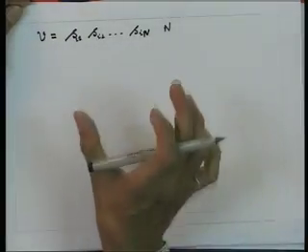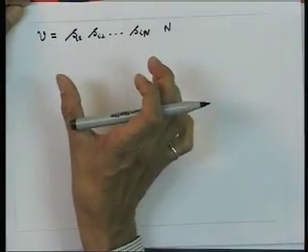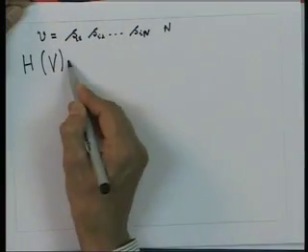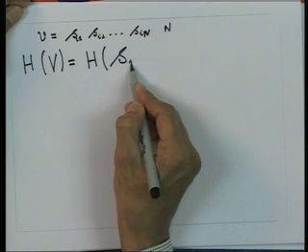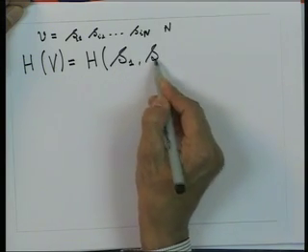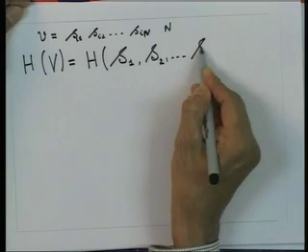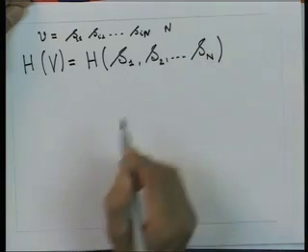Now, if I look at these messages and find out the entropy of this, then how is this entropy related to my original entropy? Let us analyze this. If I want to calculate the entropy of this, then I can write the entropy H(V) is nothing but H of S1, S2 to SN.